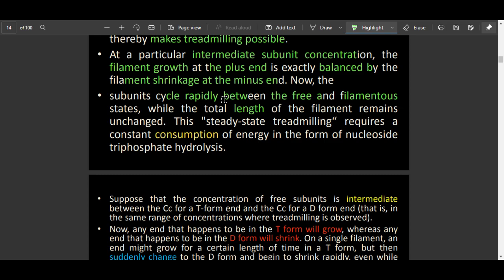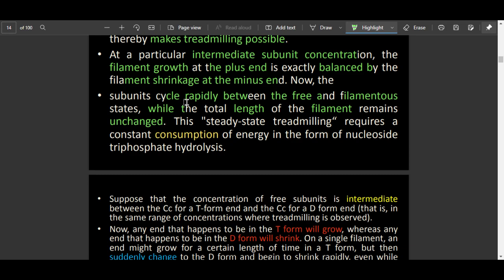With the continuous processes of addition and dissociation, the total length of the filament remains unchanged.